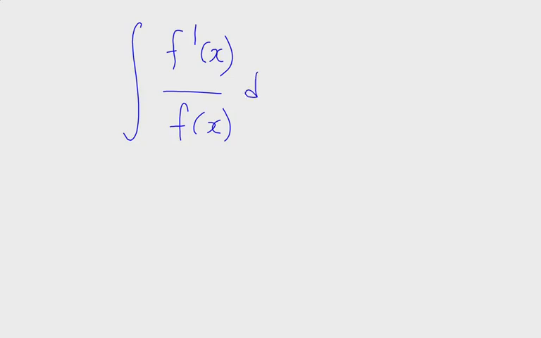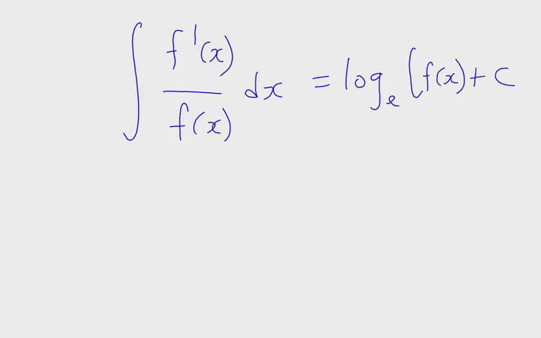Now, before I close, take note of this integral: the integral of f prime of x over f of x dx is equal to ln of f of x plus c.